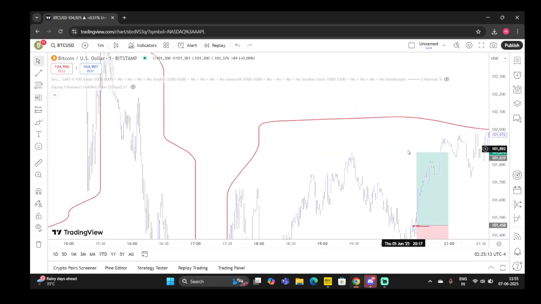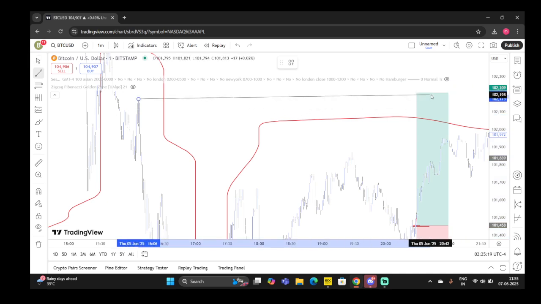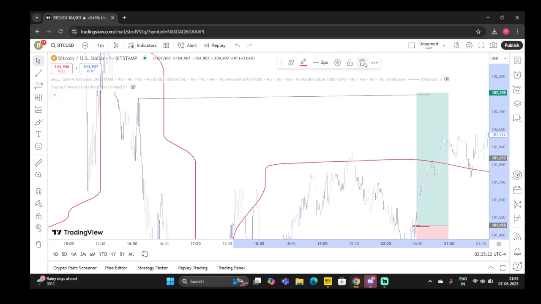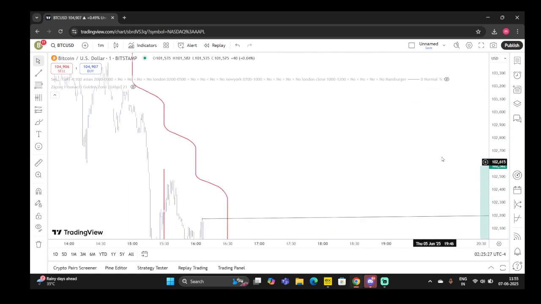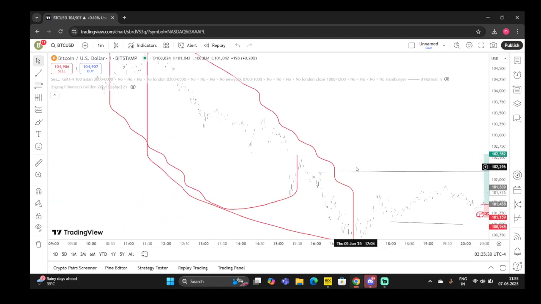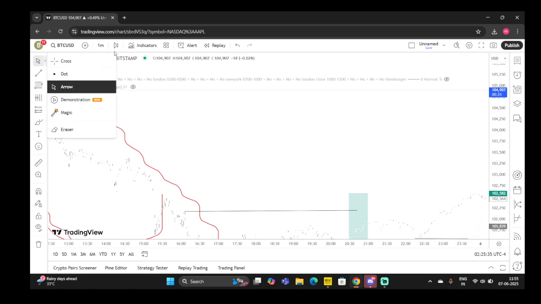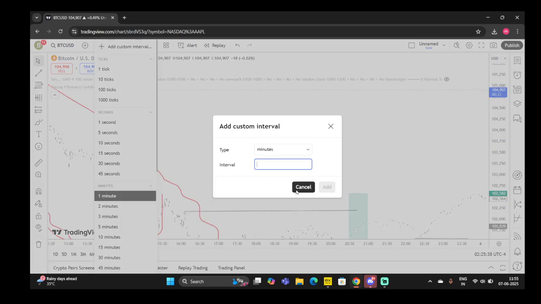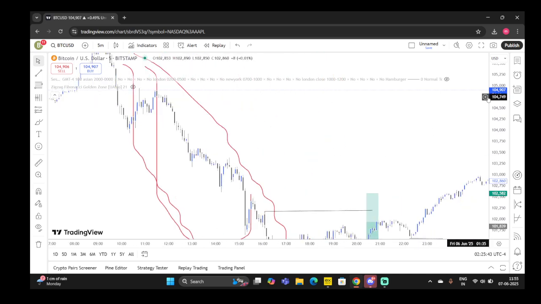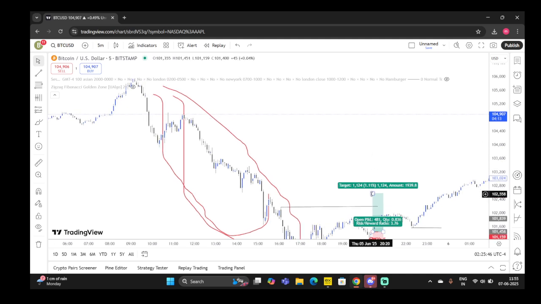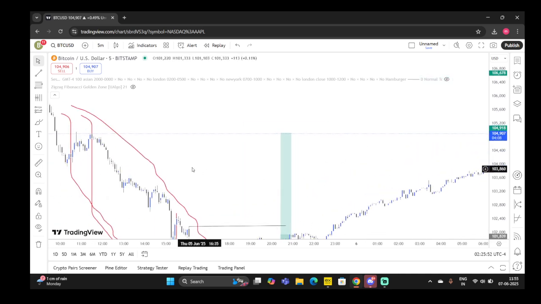The second you are having this one. So this is the target, and this is already met.